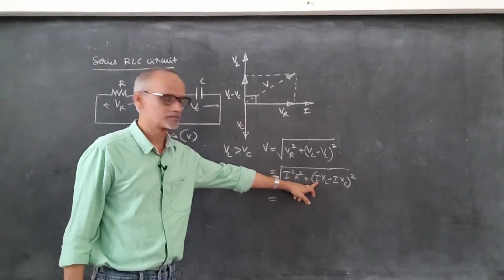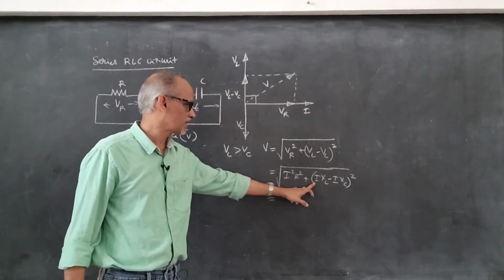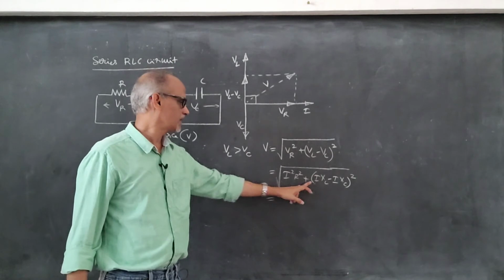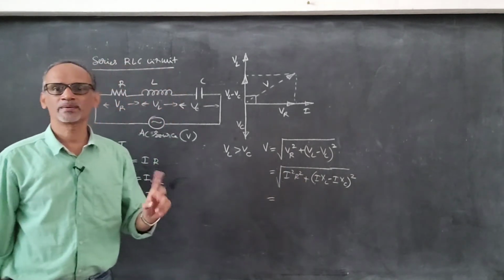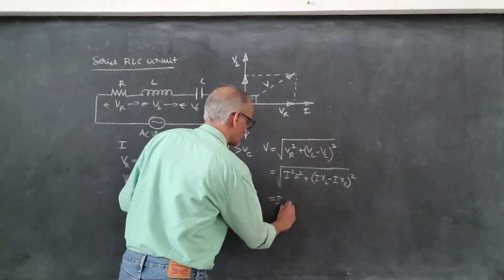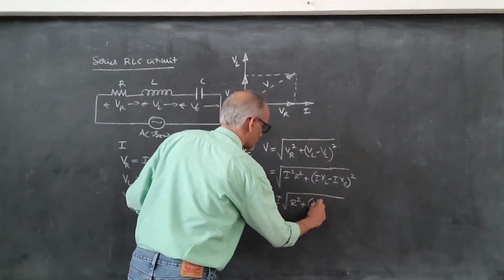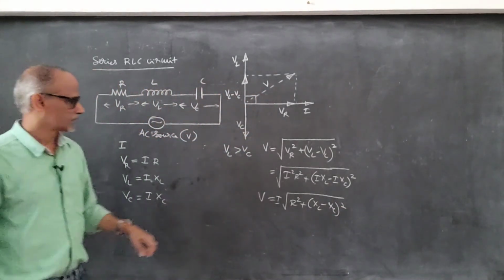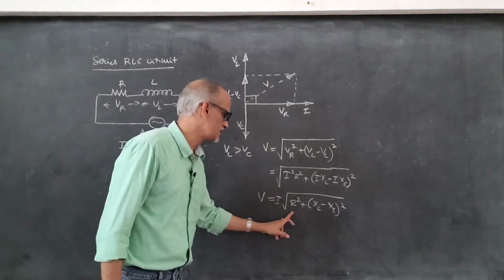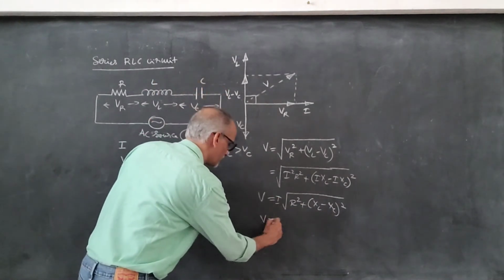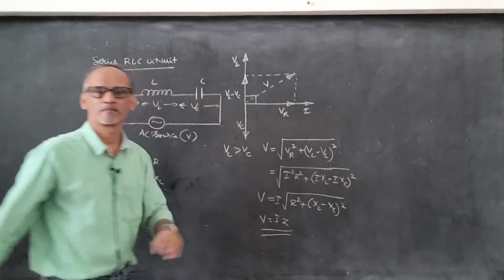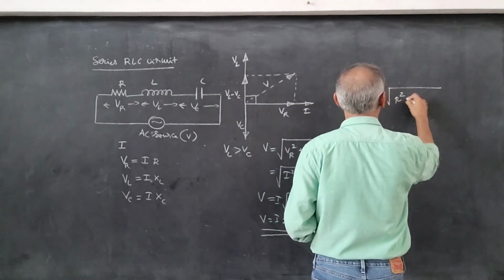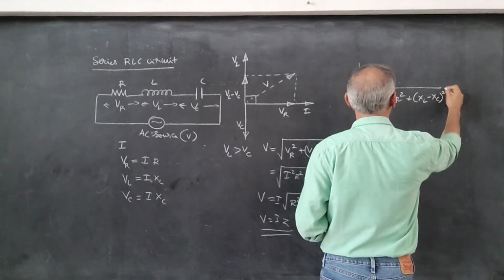Here I is common, and when you take I square out of the bracket, and apply the root to I square, you get I. What is left is R square plus XL minus XC the whole square, so V equals I times that. Now R, XL and XC are all constants, and that effective constant is denoted by Z, where Z is equal to root of R square plus XL minus XC the whole square.